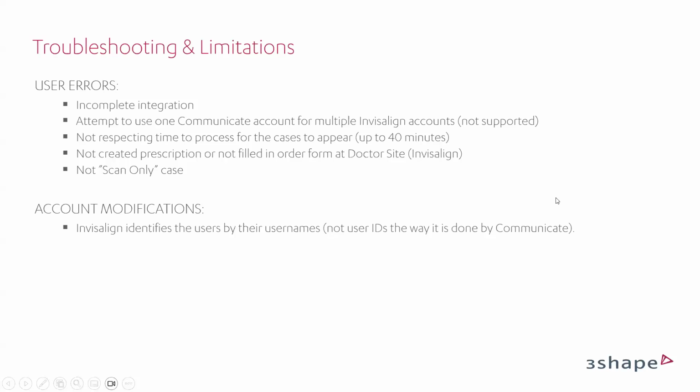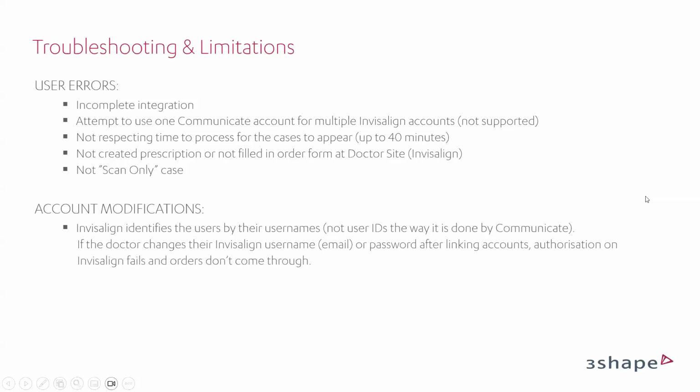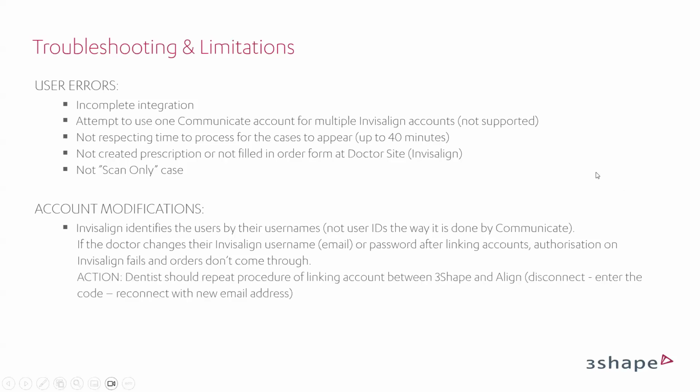Some account modifications can also be done. Invisalign identifies users by their username, not user IDs in the way that is done by Communicate in TreeShape software. Also, if the doctor changes their Invisalign username, email, or password, their linked account authorization on Invisalign fails, and orders do not come through.